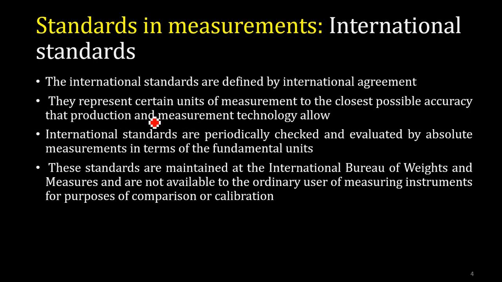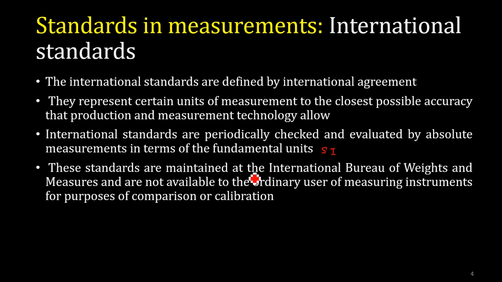So it is the best standard that is available in the world. These are periodically checked and evaluated with reference to the absolute units, or SI units, or fundamental units. Based on those fundamental units, these international standards are periodically verified and evaluated, and they are kept intact.